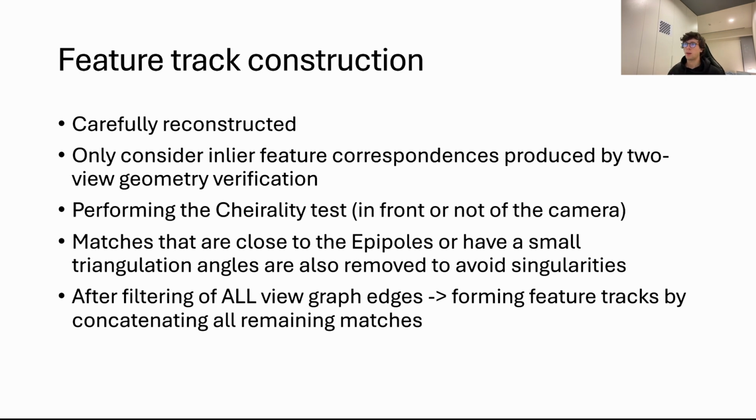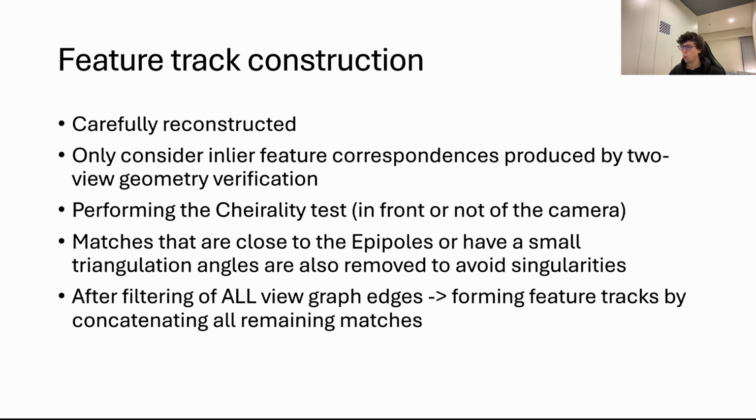So they have to carefully reconstruct these feature tracks, and they only consider the inlier feature correspondences produced by the two-view geometry verification. Then they perform the chirality test to see if the point is real or not. I mean, if it's in front of the camera or behind, so they can also remove these.